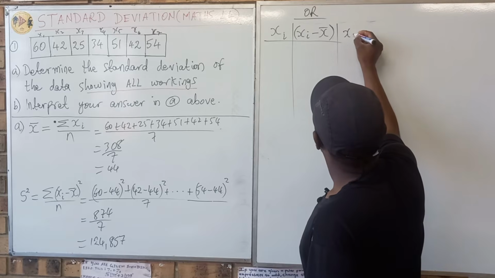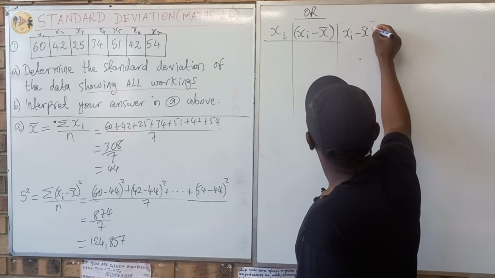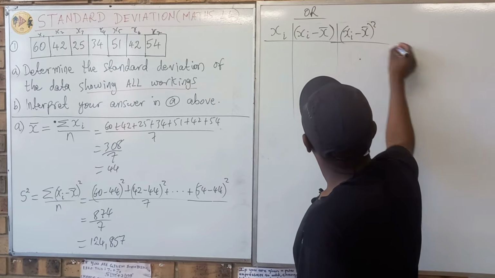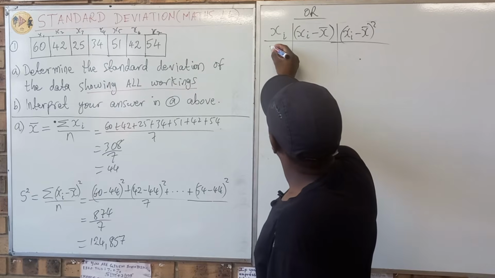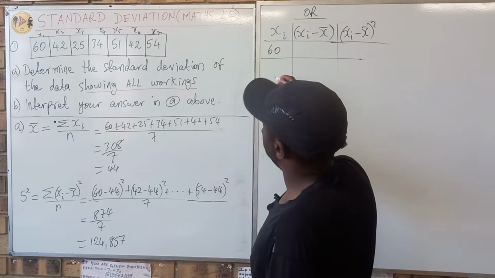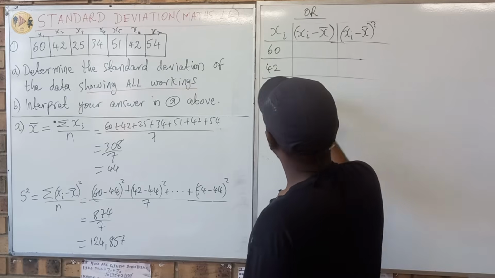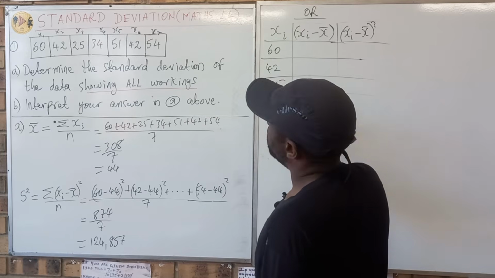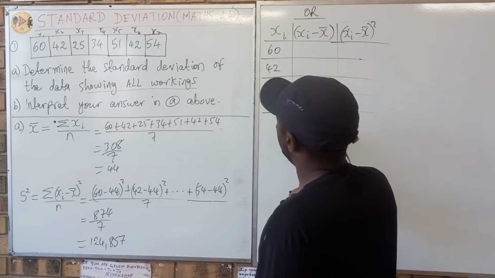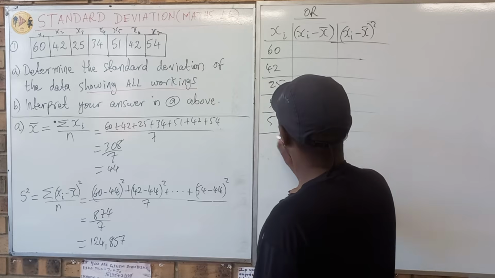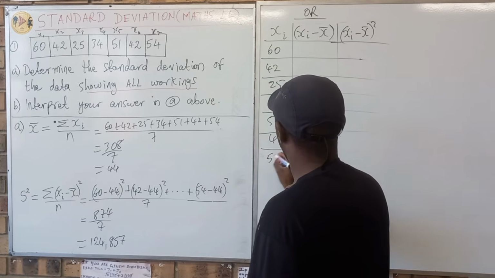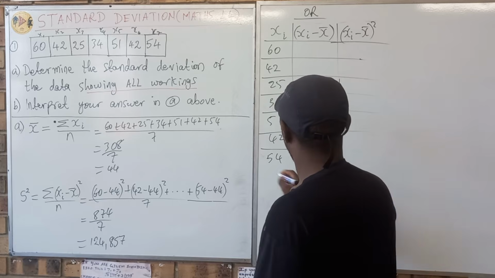Then for the last one, I square every entry from the second column. My data points are 60, 42, 25, 34, 51, 42, and 54. Those are my data points.